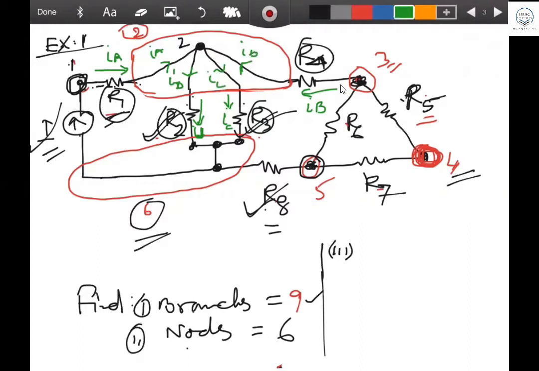Cutting means this red line. All these 4 currents, IA, IB, IC, ID, are coming through the branches R1, R2, R3, and R4.